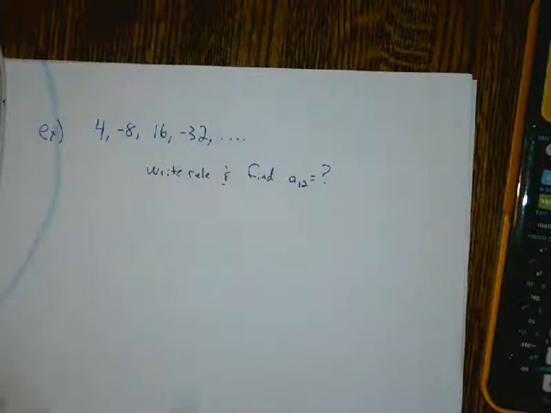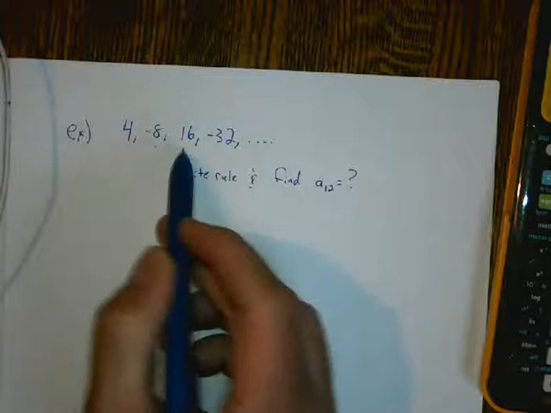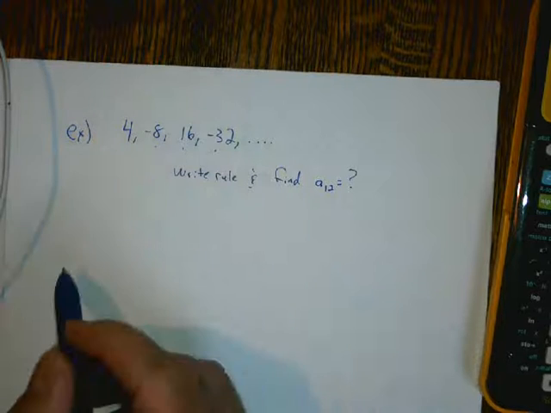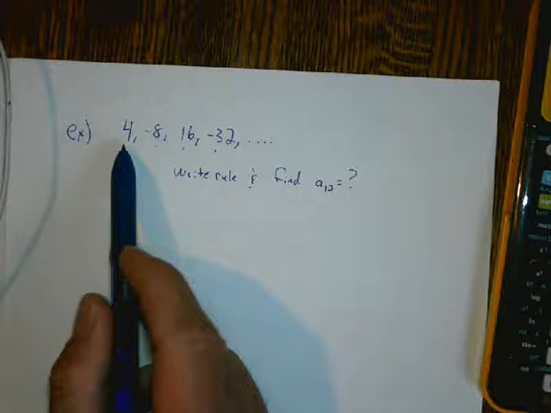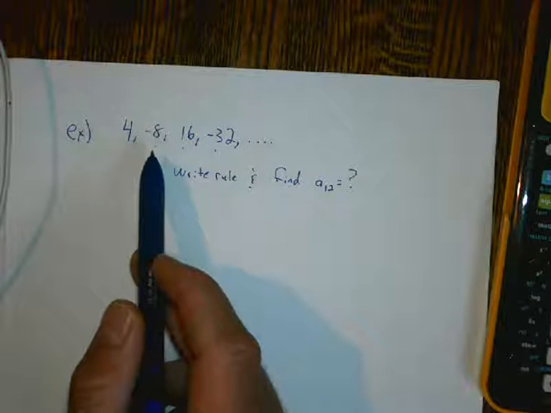So let's try another one. Here's another quick example. We have a geometric sequence, 4, -8, 16, -32. One of the things that you'll notice is that you can oscillate between your positives and negatives. That just means that your rate is negative. Okay?